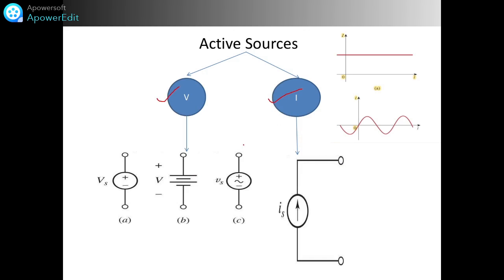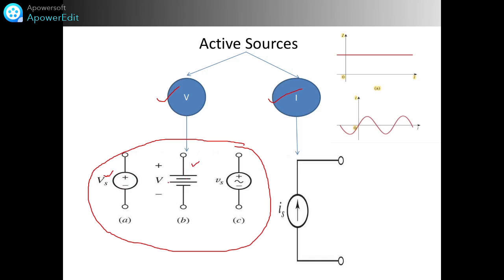The basic symbol of a voltage source is a circle with positive and negative signs and the voltage strength. Otherwise, this is a DC voltage source. We can represent a DC source or battery like this. And the third one is AC voltage sources. Current sources are represented as a circle with an arrow symbol.